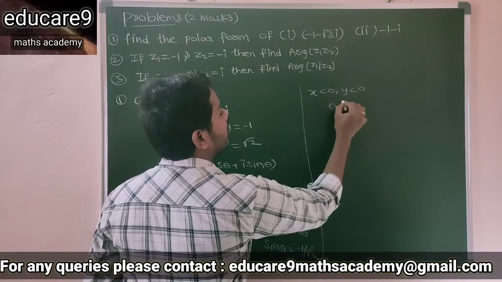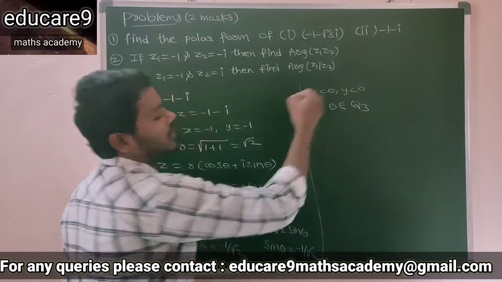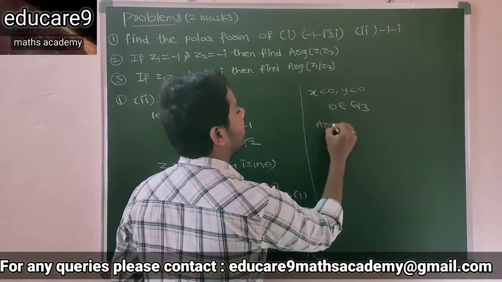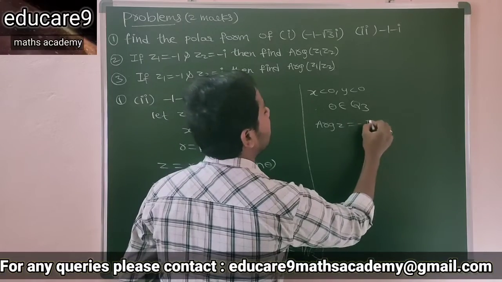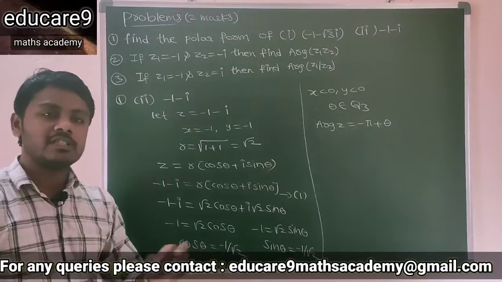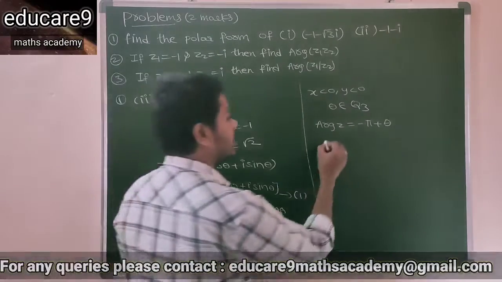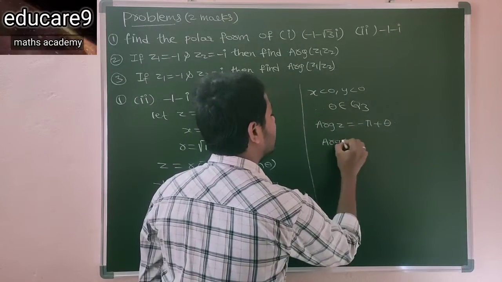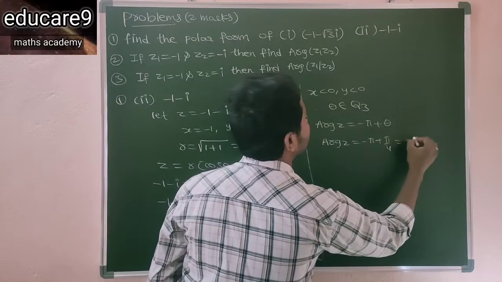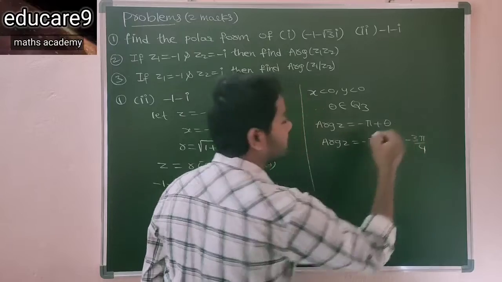So therefore theta belongs to the third quadrant. So in that case the argument of z is minus pi plus theta. But what is the theta value? It is pi by 4. So argument of z is minus pi plus pi by 4. That is minus 3 pi by 4.